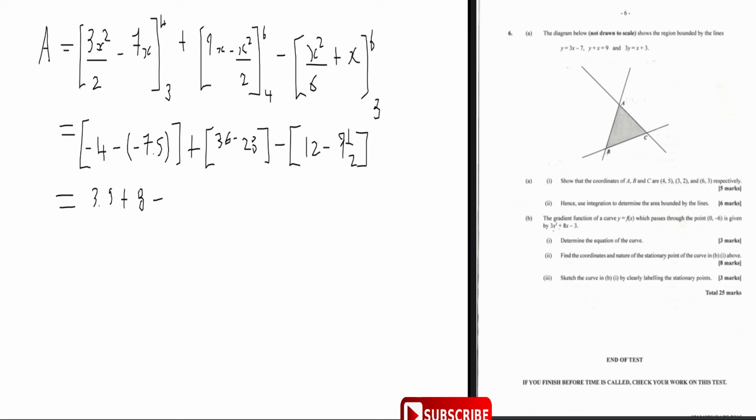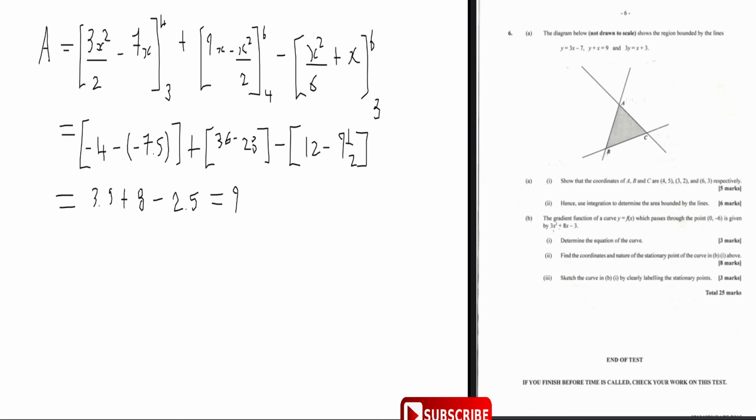Minus 12 minus 9.5. 12 minus 9.5 is 2.5. What we're getting is 3.5 plus 8 minus 2.5. I'm getting 9. All right.